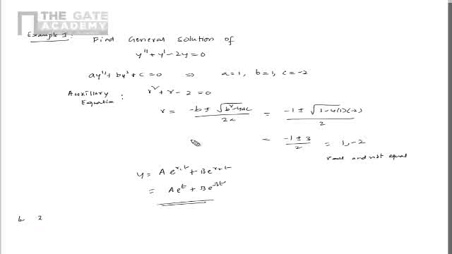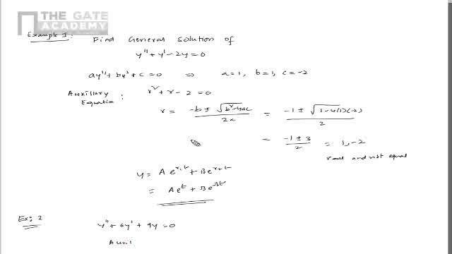Okay, so let's take another example. Example 2, where I have y double dash plus 6y dash plus 9y is equal to 0. See, remember we are dealing with linear differential equations of second order with constant coefficients, and the homogeneous type. That is important.